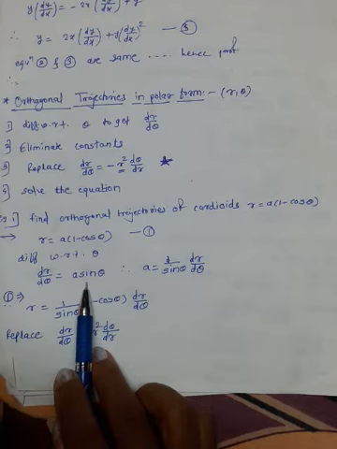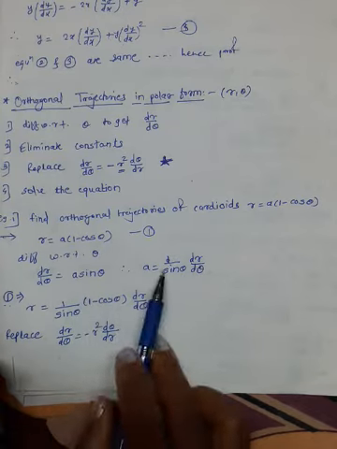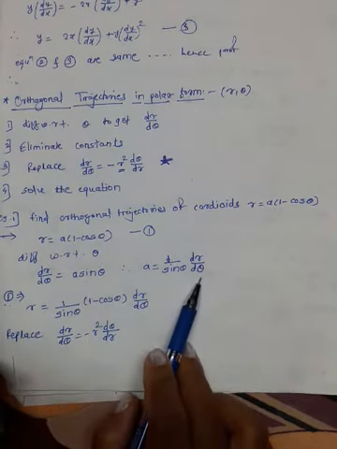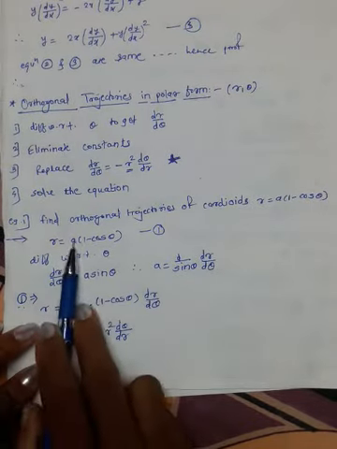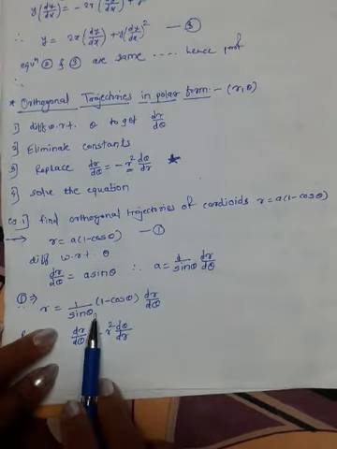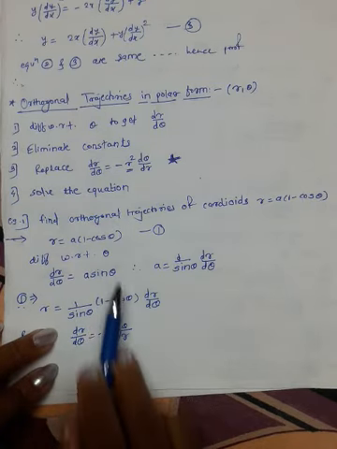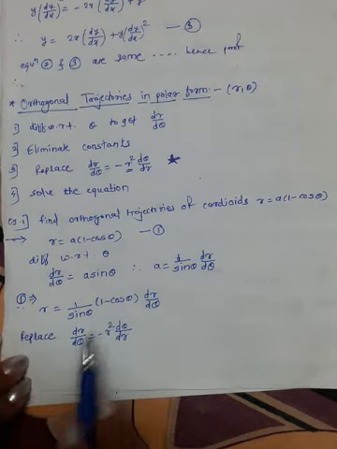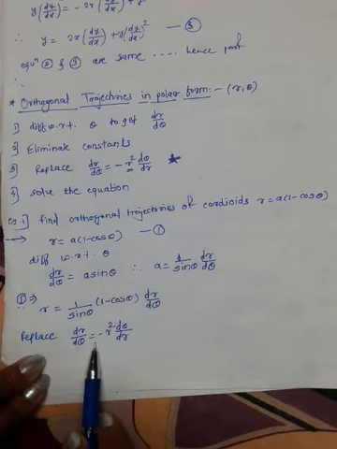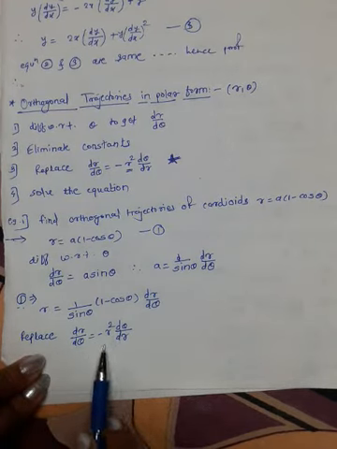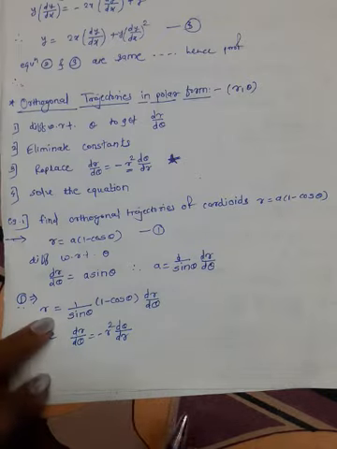Second step, eliminating the constant, so that a becomes 1 upon sin theta dr by d theta. Put this value in the given equation, we get r is equal to this value of a, and 1 minus cos theta as it is. Now this is the second step. Third step is replacing dr by d theta with minus r square d theta upon dr in this equation.